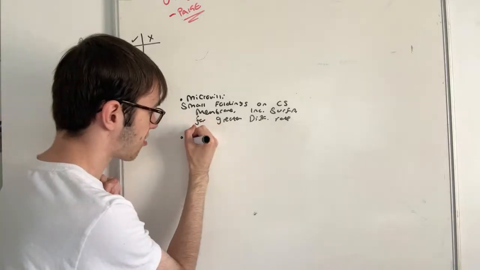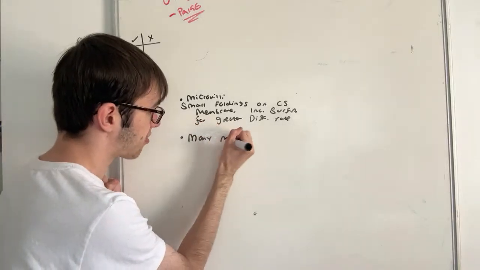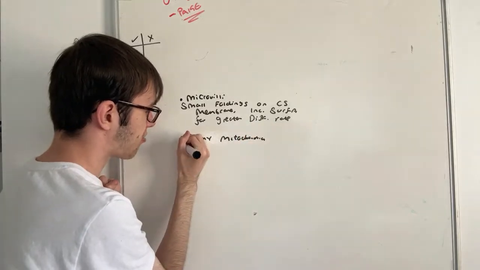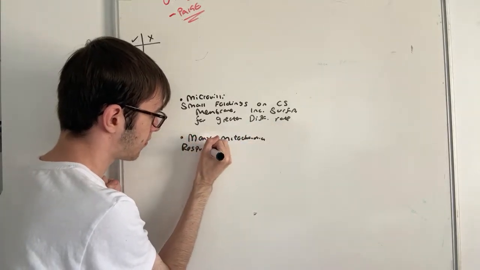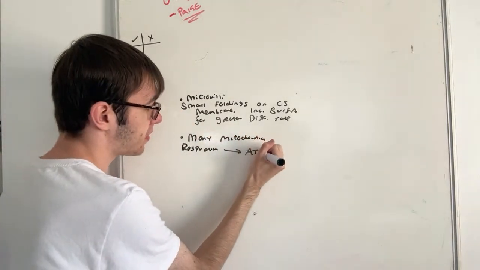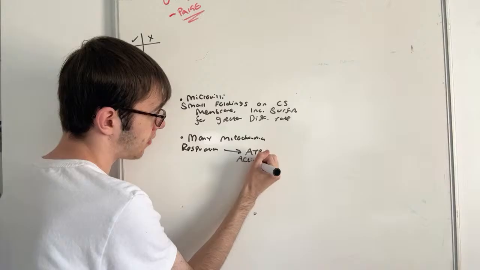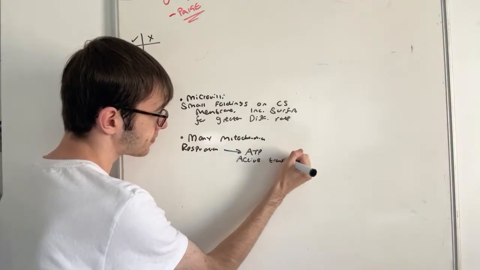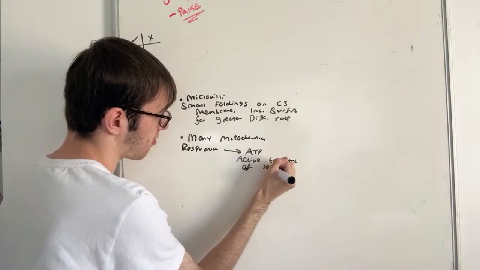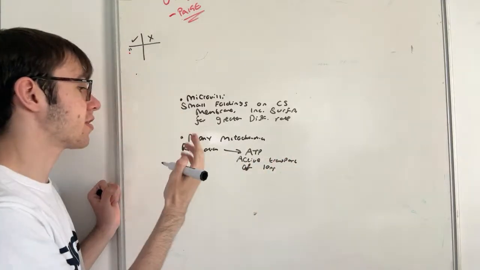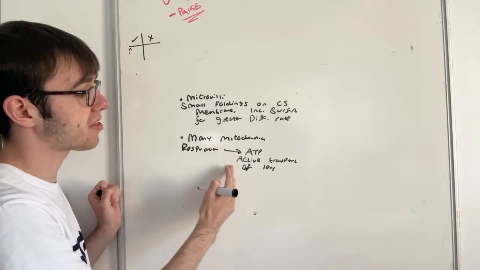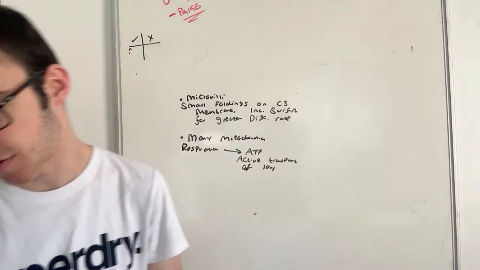The one I like to say is it will likely contain many mitochondria for respiration to provide ATP for active transport. And if you want to be nice, you can say of ions. So many mitochondria for respiration to produce ATP, which provides energy for active transport of ions.